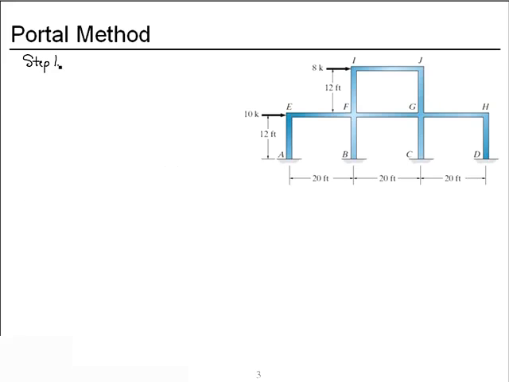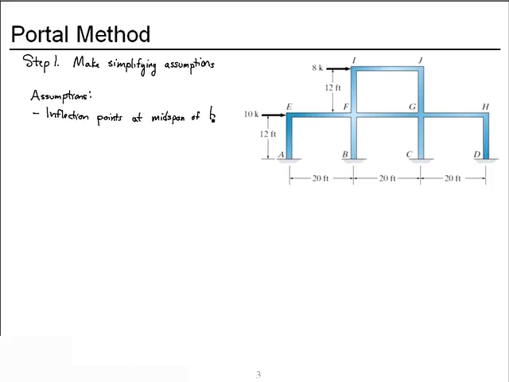Step 1. Make simplifying assumptions. And those assumptions will be: first, that inflection points are located at mid-span of all beams.